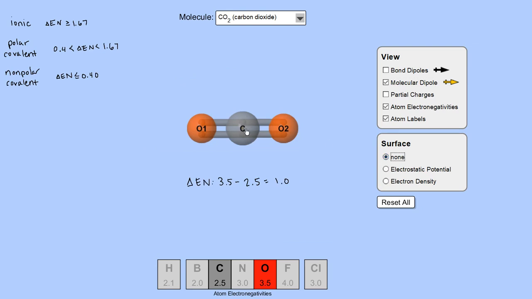There is no molecular dipole arrow. See, if I show the bond dipoles, there are arrows showing the dipoles of each bond. But if I click the molecular dipole, nothing pops up. We just see that there's like a little yellow dot as though it's trying to. And if you're like, wait, turn it around, I'll turn it. Look, there's no molecular dipole because the bond dipoles of each oxygen atom are completely canceling each other out.